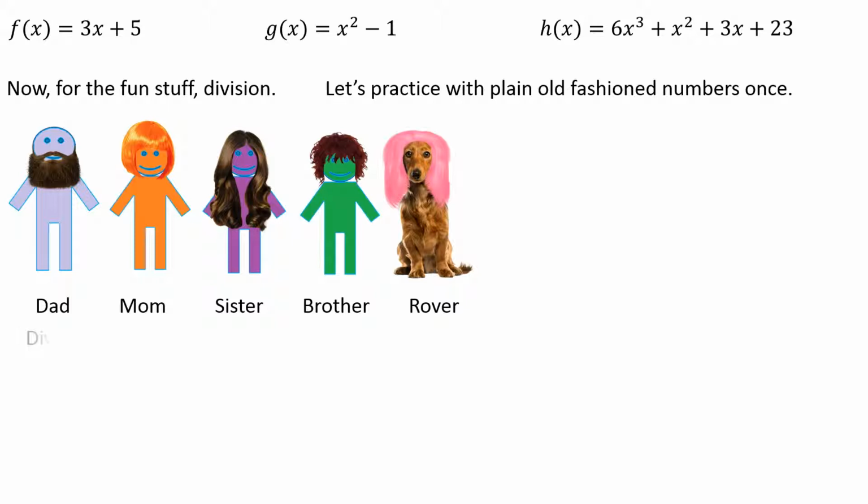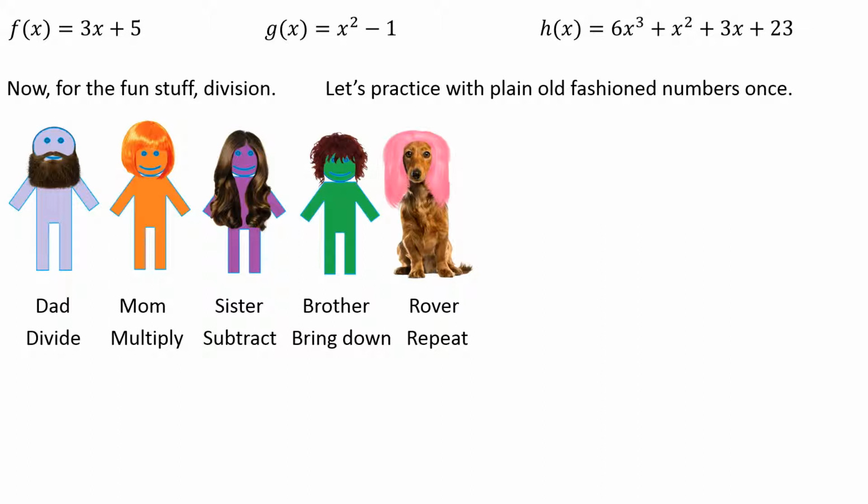Dad, of course, reminds us that we have to divide. Mom reminds us that we have to multiply. Sister reminds us that we must subtract. Brother reminds us we got to bring down. And then Rover says do it all over again. Repeat.